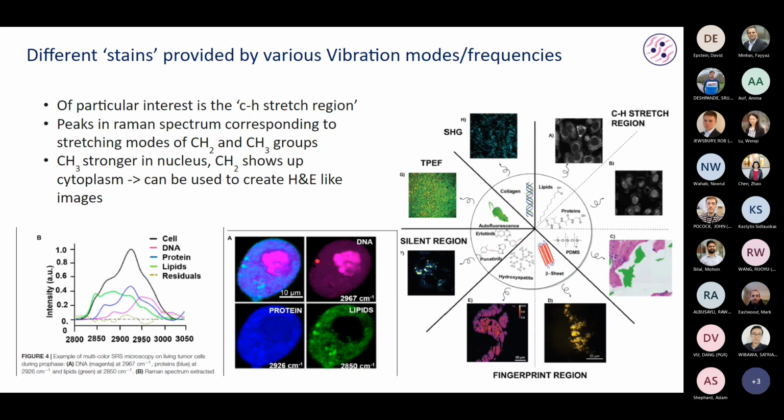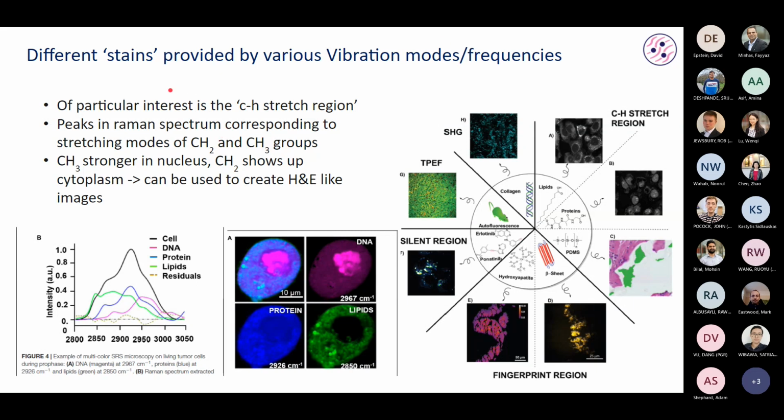So what sort of things can we do with this? Well, these various vibrational modes and frequencies provide different stains, in that they react to different molecules and different molecular makeups.